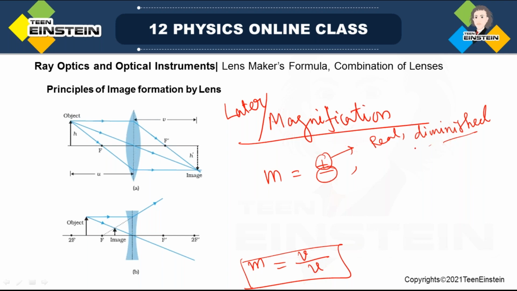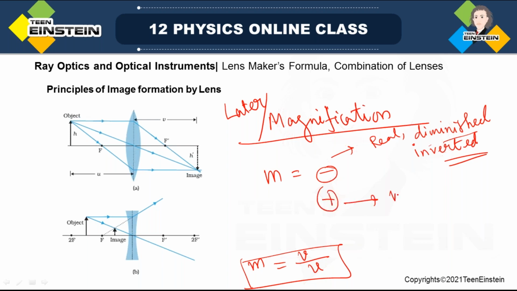And obviously this image will be inverted. Oh okay, I'm sorry, this is actually the other way. When it is negative, then these are the things: real image, diminished and inverted.